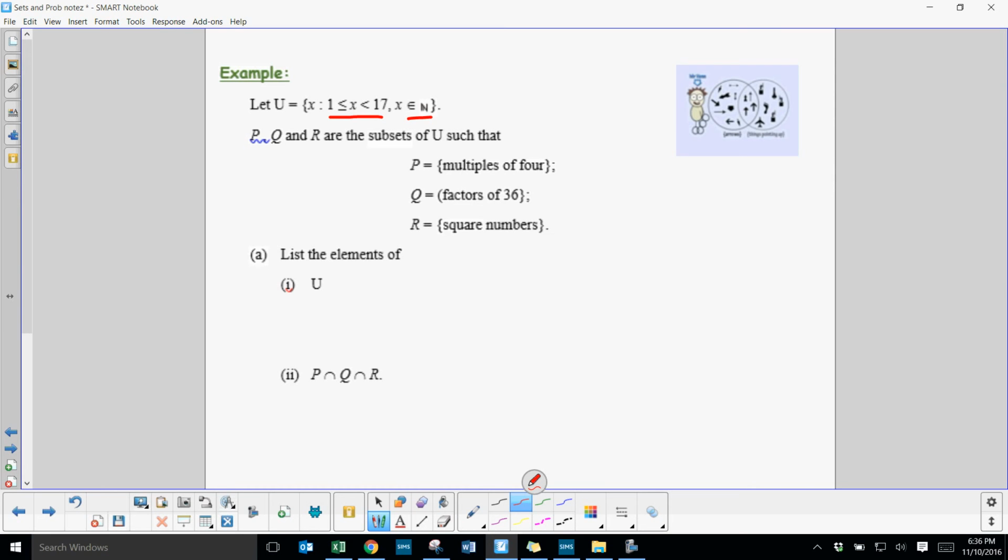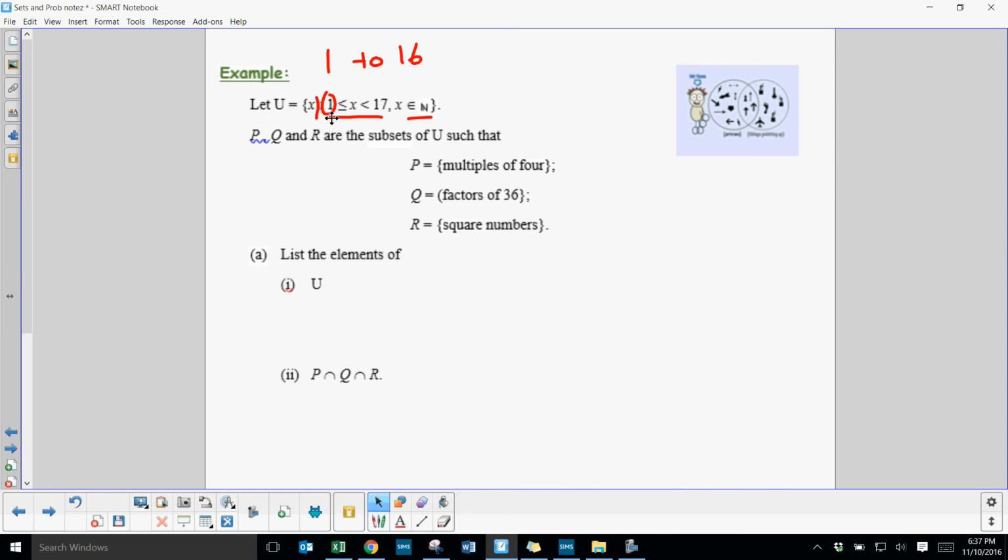So let the universal set equal the set of natural x such that x is greater than or equal to 1 and less than 17. So it does include 1, but it does not include 17. So it's all the positive natural whole numbers from 1 to 16.